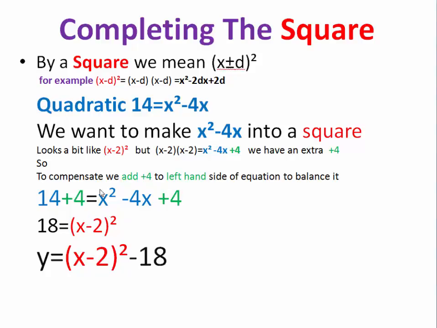This is the perfect square, x minus 2 squared, and this balances it out. 14 plus 4 is 18, and we get y equals x minus 2 squared minus 18. This is the vertex form of the equation. X is this number in the brackets, but we reverse the sign. So x is plus 2 and y is minus 18.